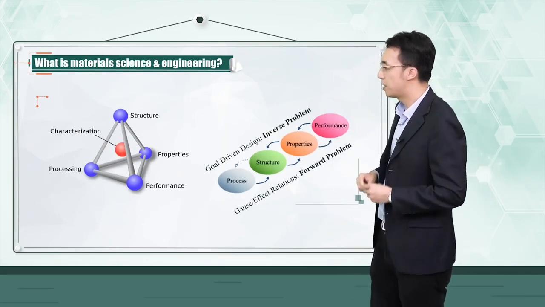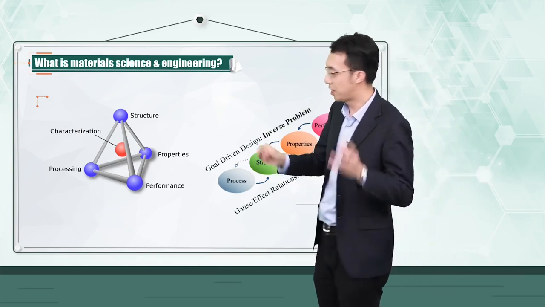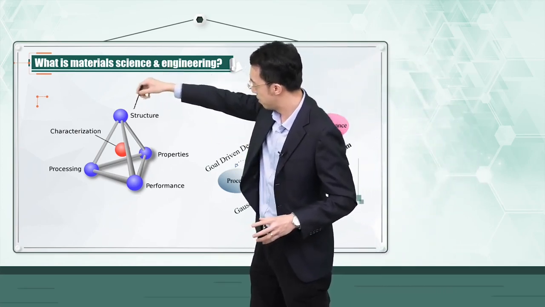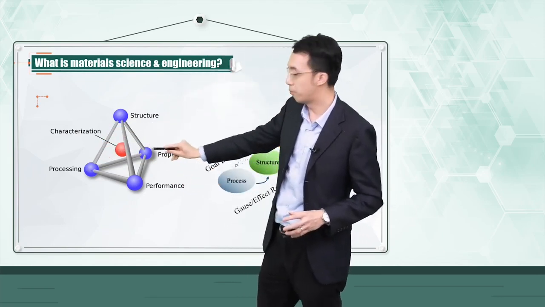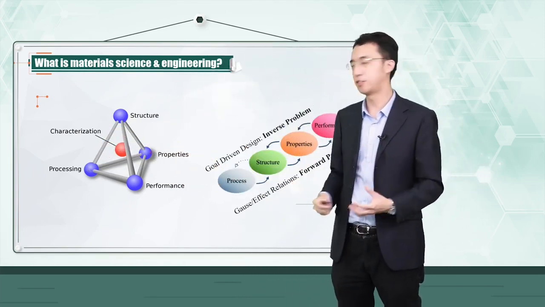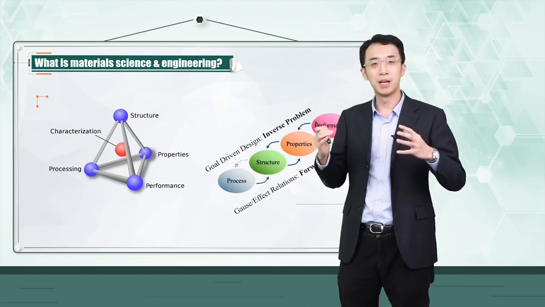So in this lecture on material science, we are mainly focused on the so-called tetrahedral material science, how to correlate the structure, processing, performance, and properties of a material.